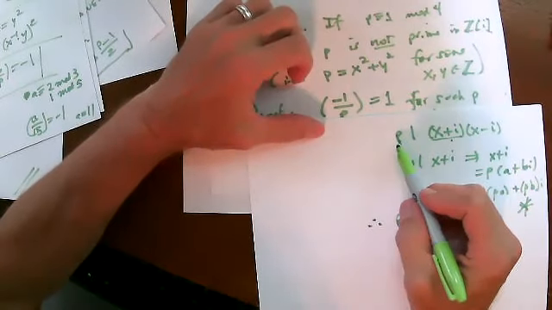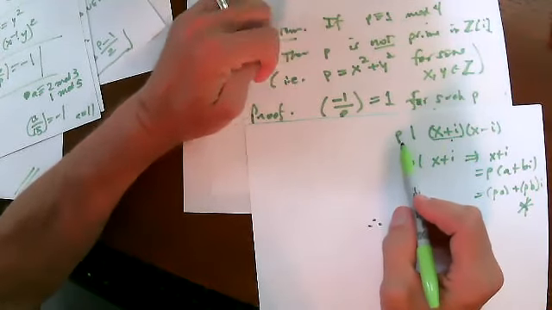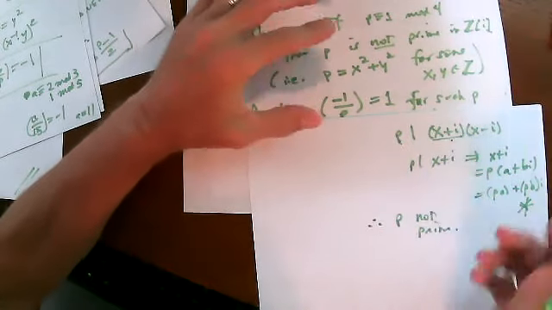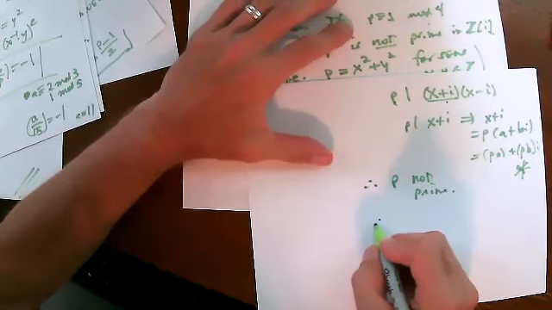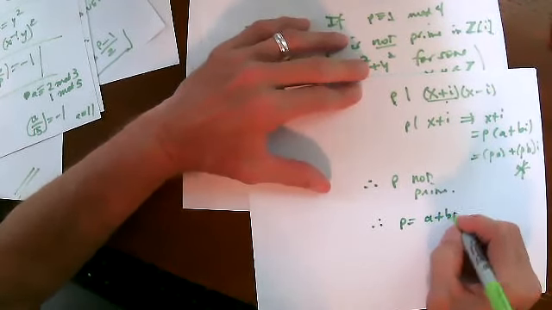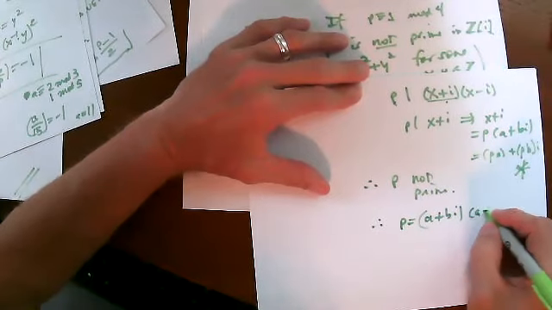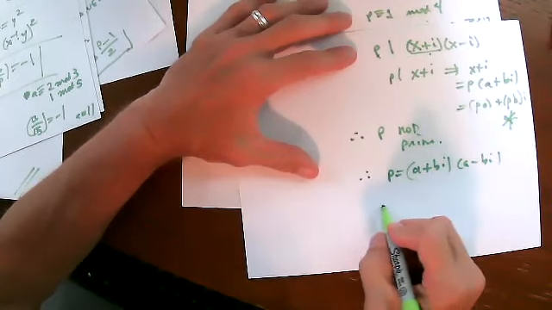Well, on the other hand, if p does divide this product, and it doesn't divide either of the two factors, it has to have a GCD with both of them. You're actually going to be writing p as a product of two other Gaussian integers, a plus bi and a minus bi, that could be found by the Euclidean algorithm.